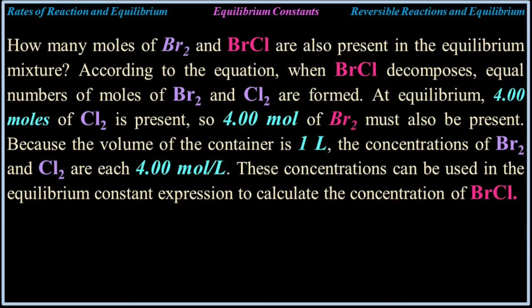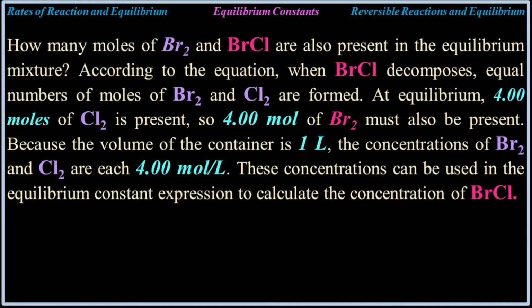How many moles of bromine and bromine chloride are also present in the equilibrium mixture? According to the equation, when bromine chloride decomposes, equal numbers of moles of bromine and chlorine are formed. At equilibrium, 4 moles of chlorine is present.